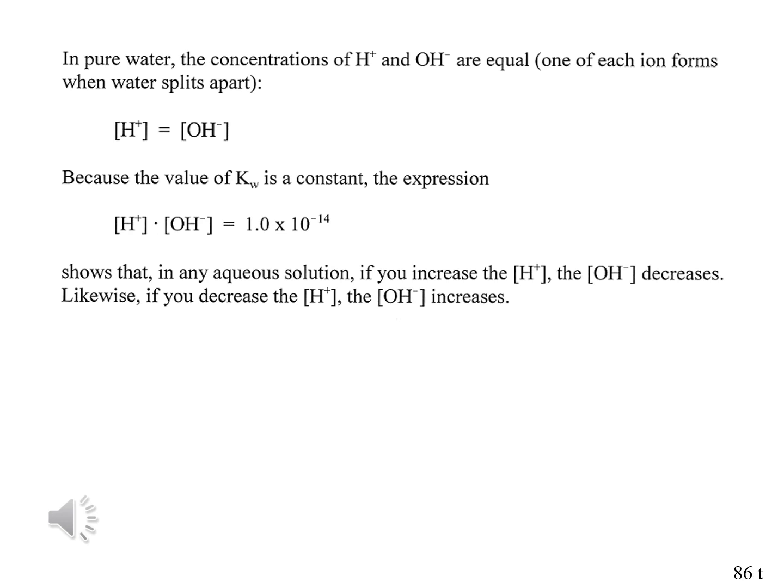That means the OH has to go down because the number 1 times 10 to the minus 14 has to stay constant. This is the same kind of relationship that you saw between pressure and volume last semester. It's called Boyle's law. This is a hyperbola where x times y equals a constant. The pressure times volume equals a constant because if you increase the pressure, the volume goes down and vice versa, and it's a hyperbolic relationship.